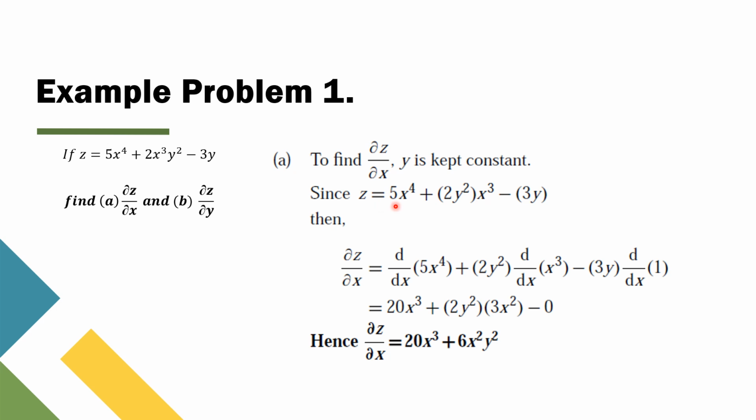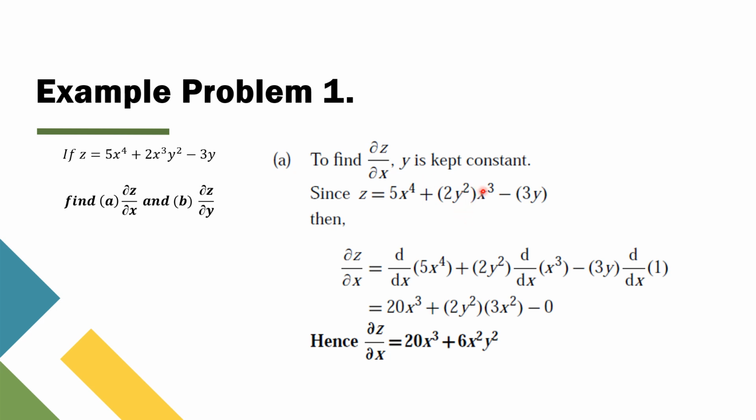Now, z is equal to 5x to the fourth power plus 2y squared x cubed minus 3y. Take note that from the original function, we do some manipulation here because we are going to treat y as a constant. 2 is a constant, and in partial differentiation, we let the other variable, not the differential coefficient, be constant.